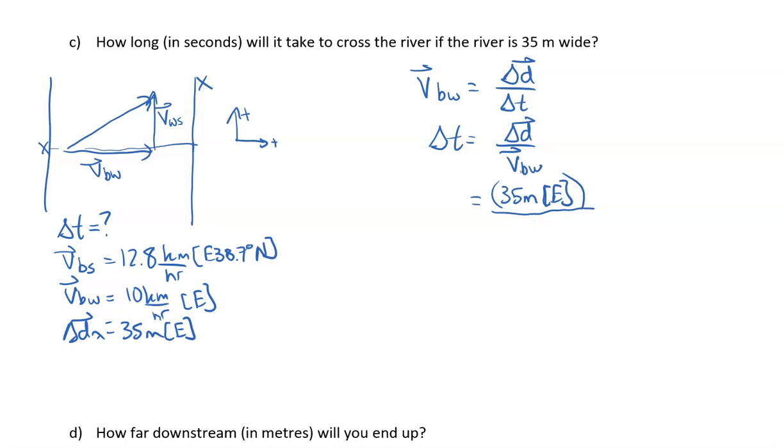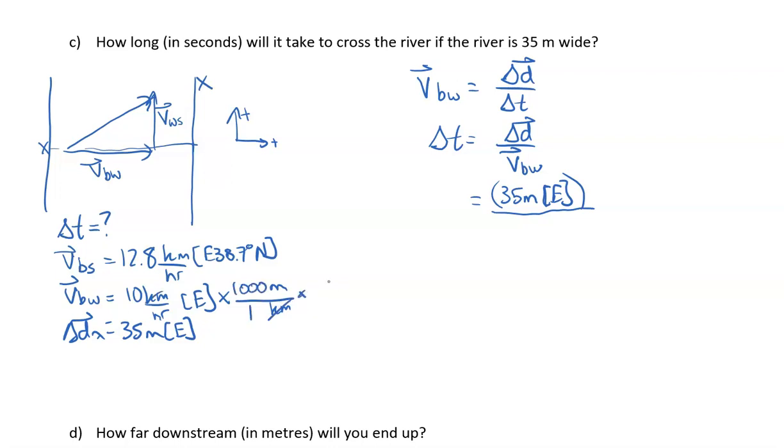You'll notice though that the velocity of the boat relative to the water is not in SI units, in these units where we have meters and seconds. So we're going to go ahead and change that velocity of the boat relative to the water. I'm going to turn this into meters per second. We're trying to get rid of kilometers, so I want to have that on the bottom to cancel it. 1 kilometer is 1,000 meters.